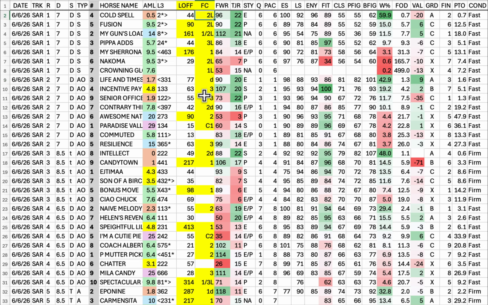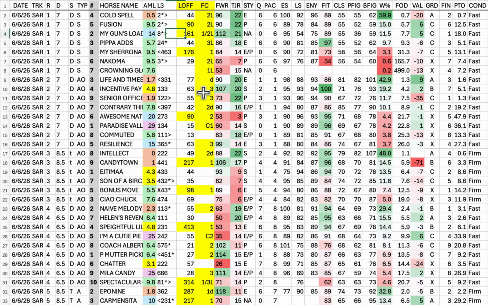Then I've got form cycle. There's a bunch of stuff in form cycle, just like before, but it's a little more detailed. So before, I could just tell you if a horse was making its, say, second lifetime start or third lifetime start, but I couldn't combine that with, I would just combine 2 and 3 together, and I couldn't combine that with like this one.